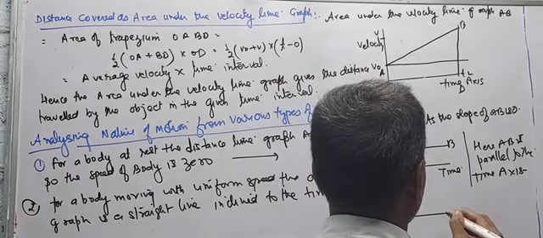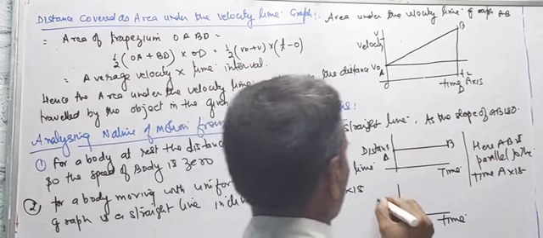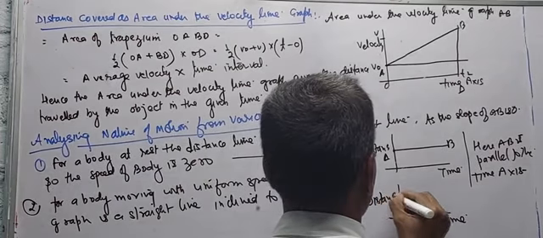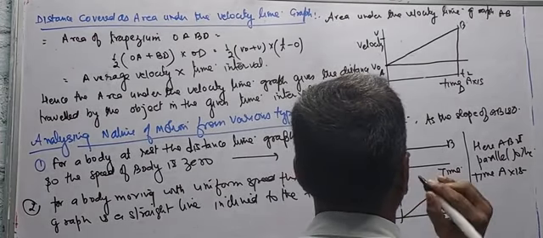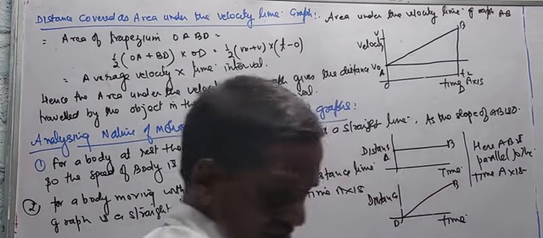The graph becomes: this is the time axis, and on the y-axis is distance, and this is the line OB.